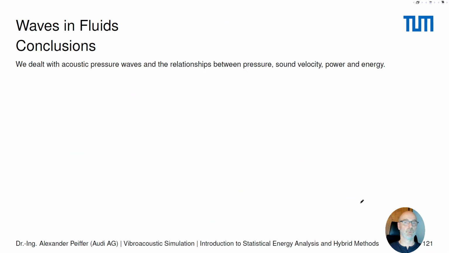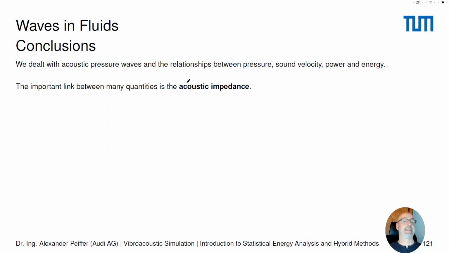Good. To conclude, we have really done a very rough chapter with fluids. And what have we done there? We have derived all the wave phenomena and relationships and wave equations that relate the pressure of a sound field. We have found a lot of expressions that relate pressure, sound velocity, power, and energy to understand what are the characteristic quantities in our sound field.